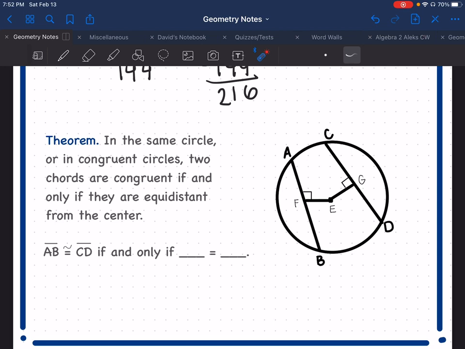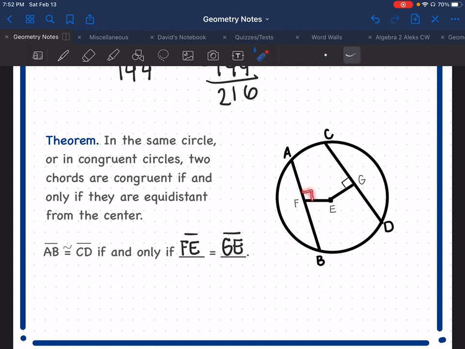So what this theorem is saying is that when my picture looks like this, AB and CD are congruent if and only if this little guy is equal to this little guy right here. So only if FE is congruent to GE.